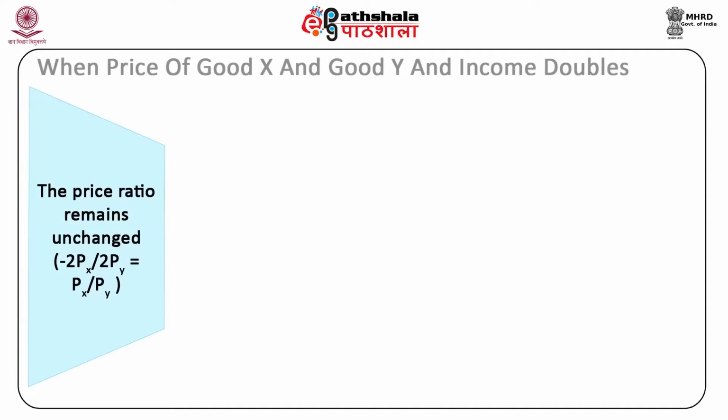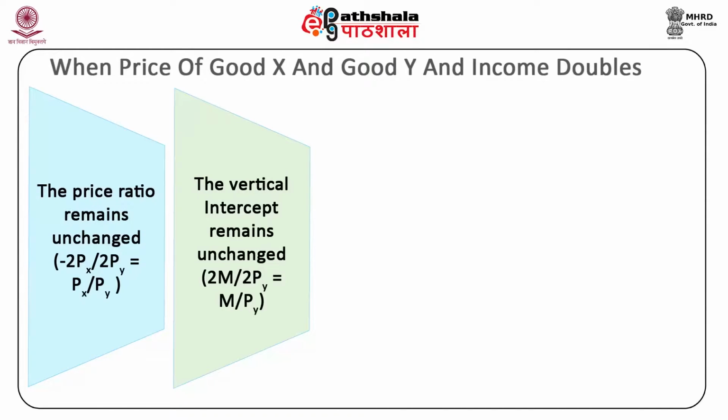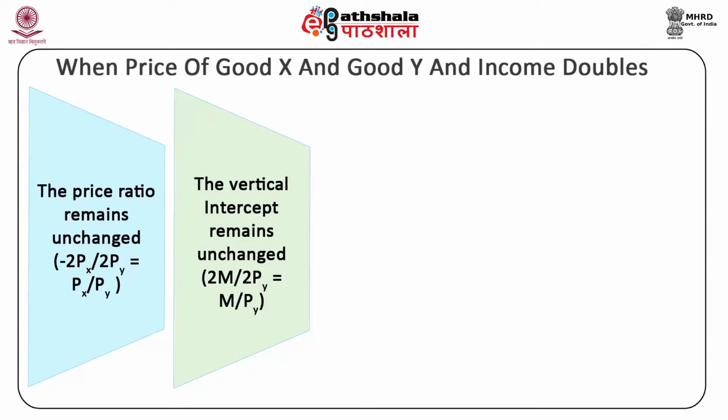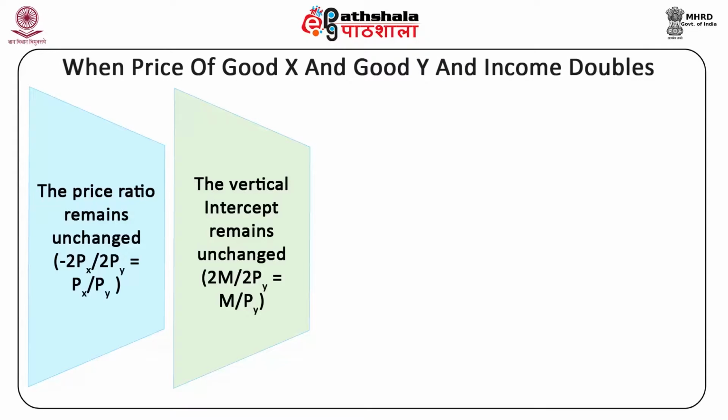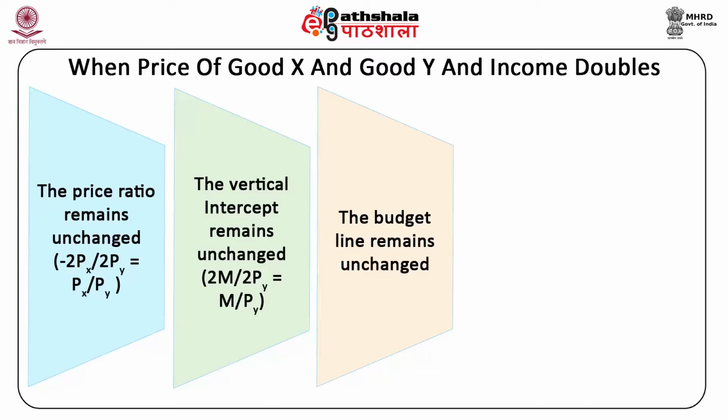In this case, the price ratio and vertical intercept both will remain unchanged, as minus 2 into px upon 2py is equal to minus px upon py, and 2m upon 2py is equal to m upon py, leaving the budget line unchanged.